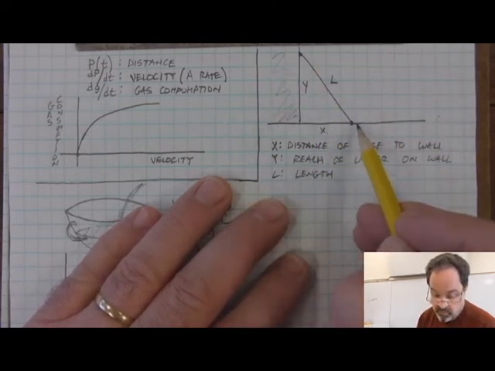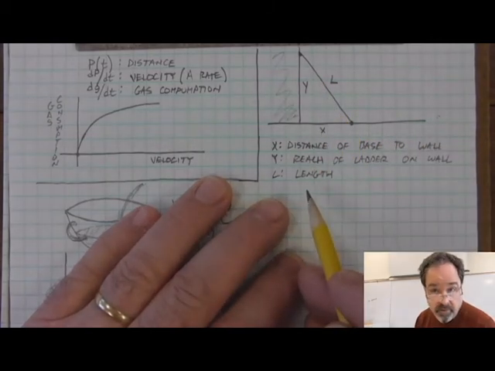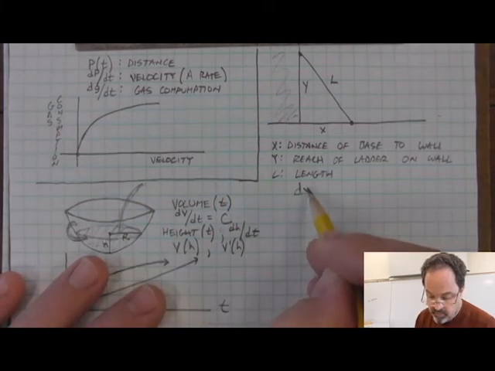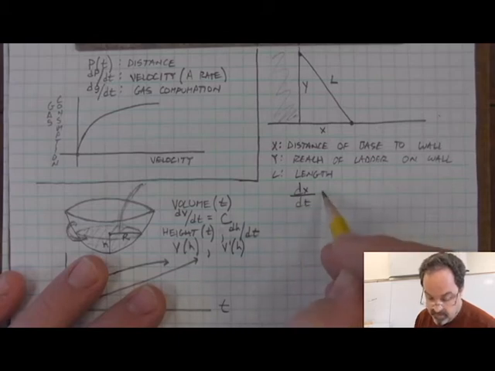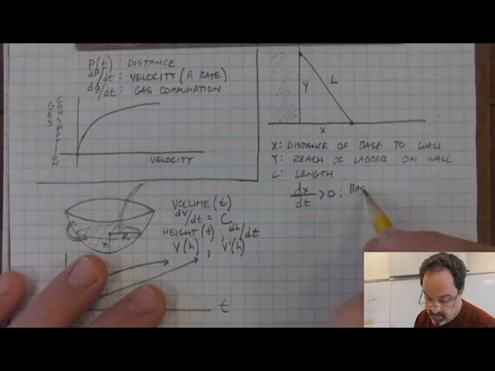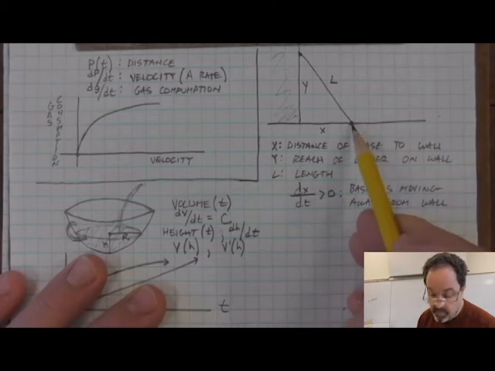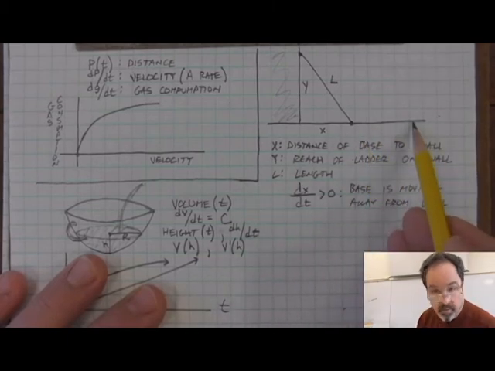And in this situation, if the base of the ladder is slipping, then a person on the ladder is in a dangerous situation. But we can think of change and the rate of change. dx over dt, if it is greater than 0, means that the base is moving away from the wall. We can visualize the position of this point moving to the right.